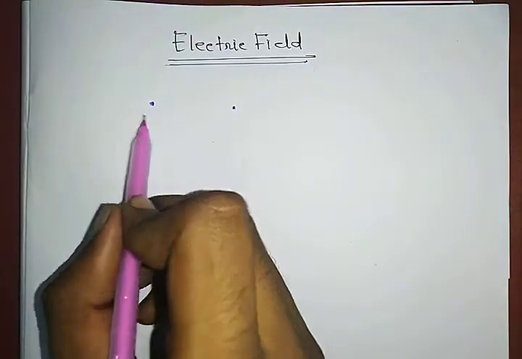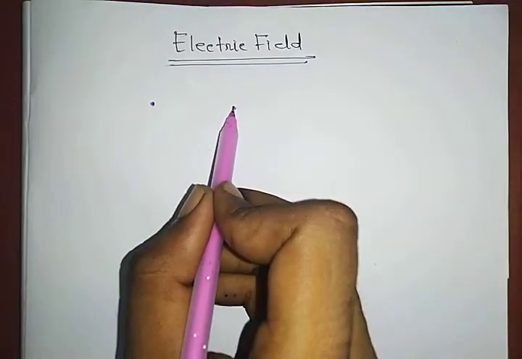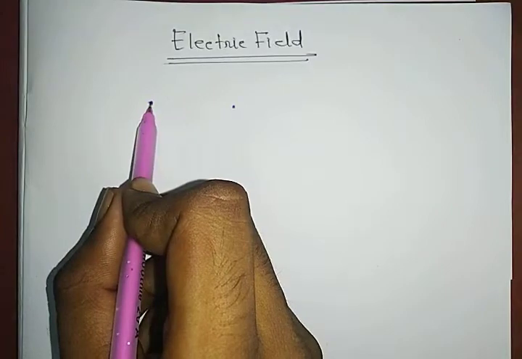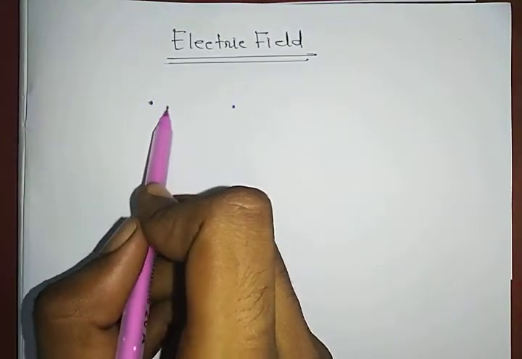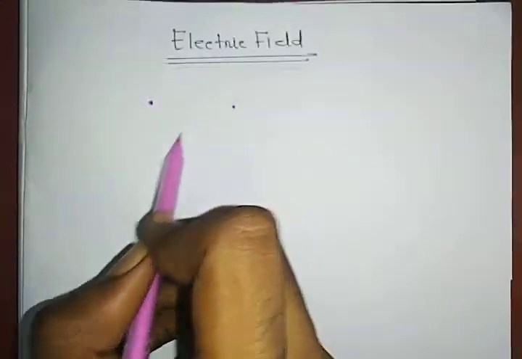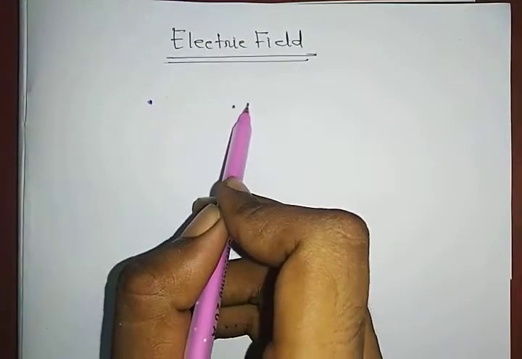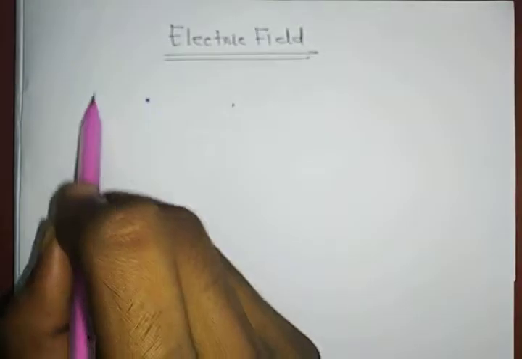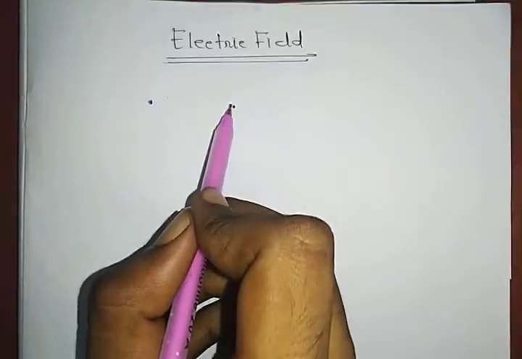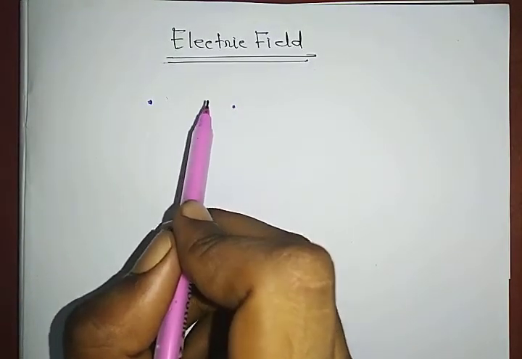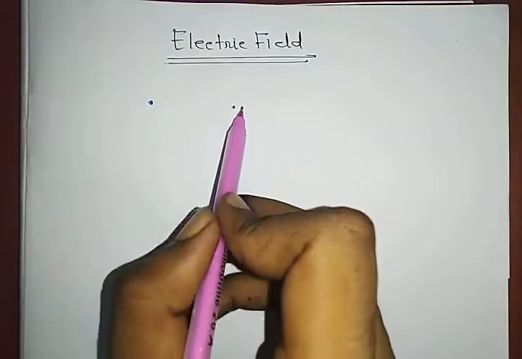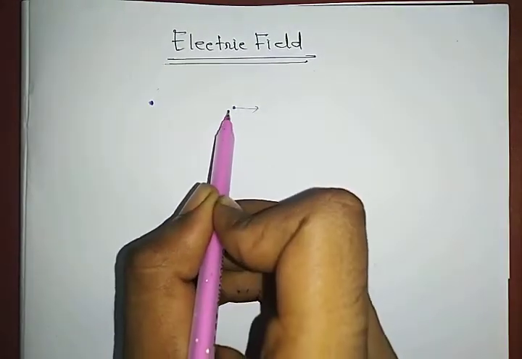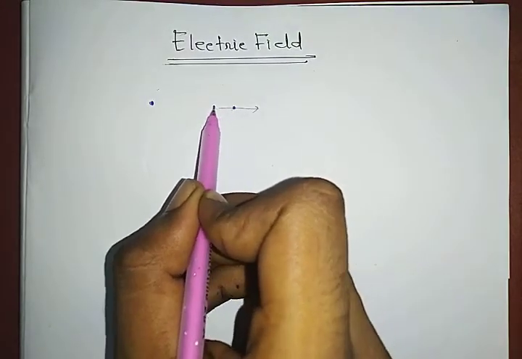This particle will create a field around itself, and when the other particle comes in the region of this field, at some point it will feel a force. If the force is repulsive, the motion of this particle will be this way, and if it's attractive, it will be going this way.